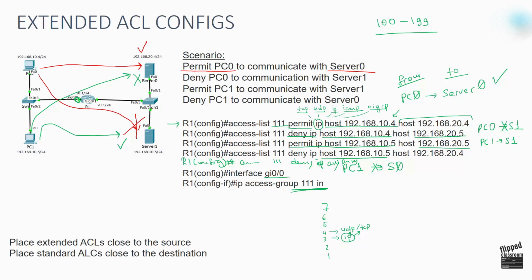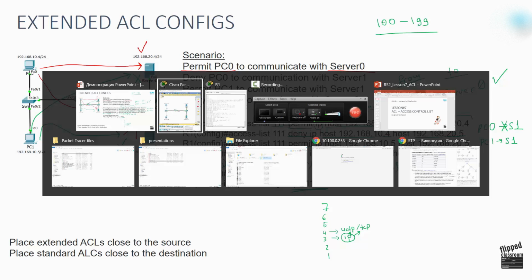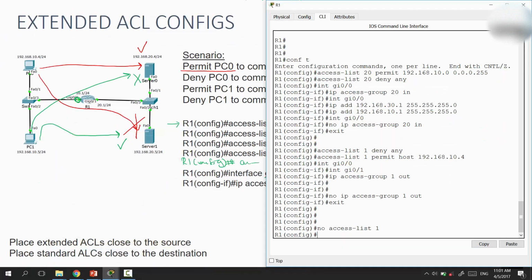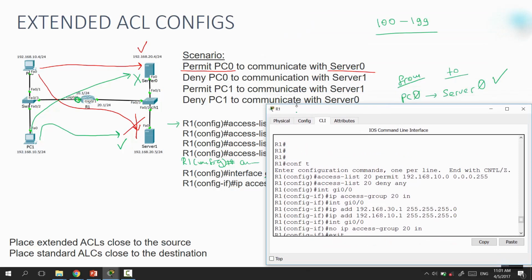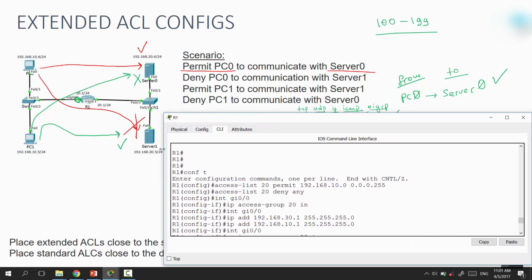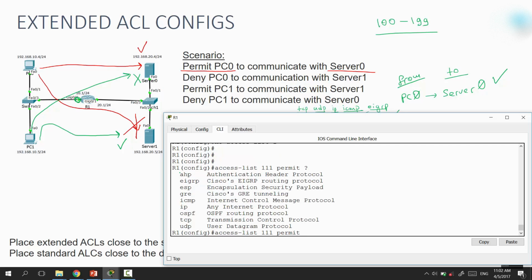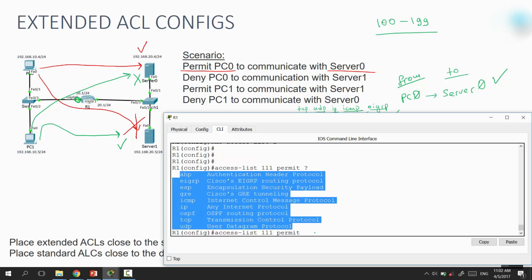Let's try to make this implementation. We have router 1, and router 1 will be configured with these rules, with this scenario. We have to create the access list at the beginning, and then say permit, and you see here we are able to select different types of protocols.